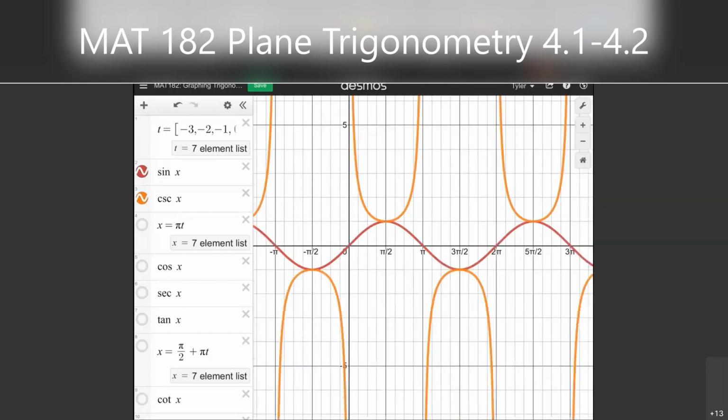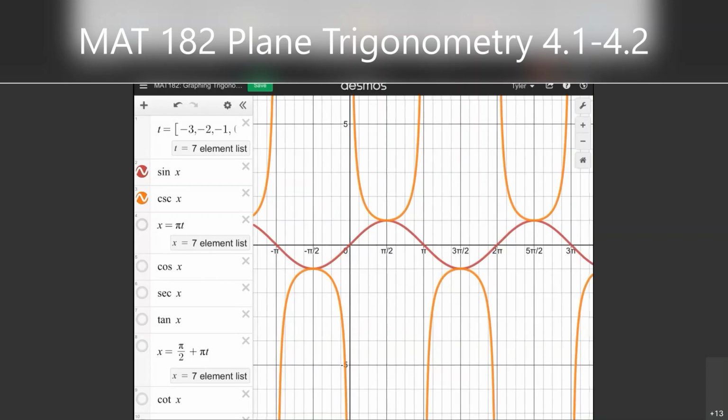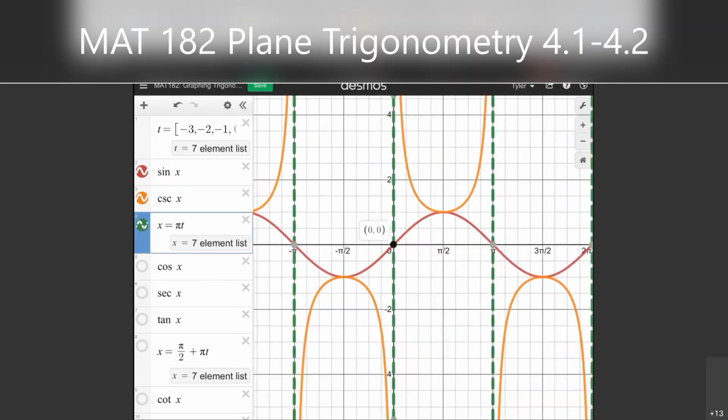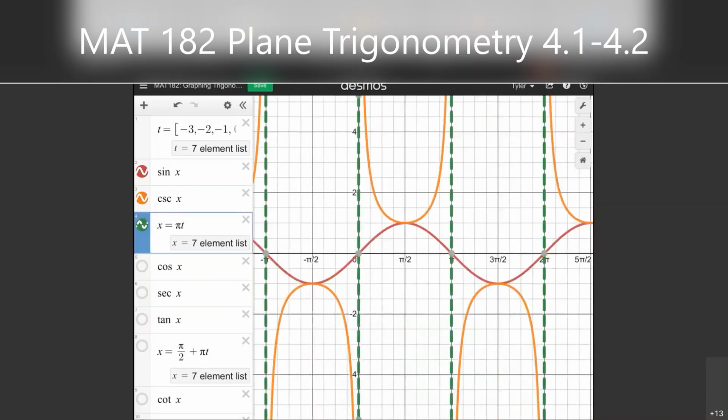The cosecant function will be undefined where the sine function is equal to 0. Notice where our function crosses 0: at 0, at pi, and then at 2 pi.